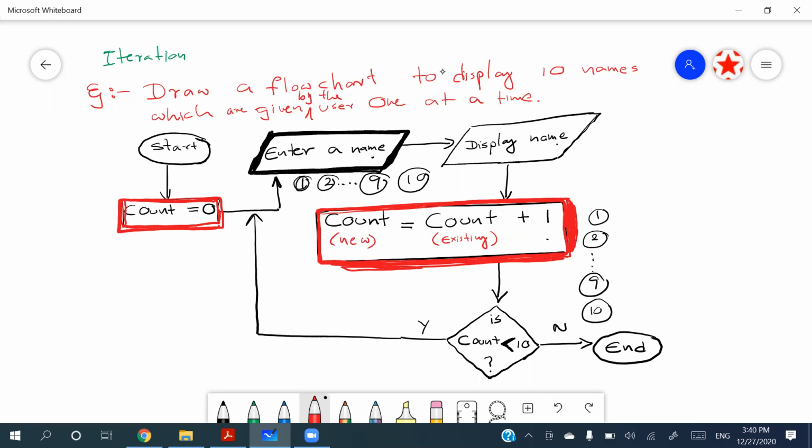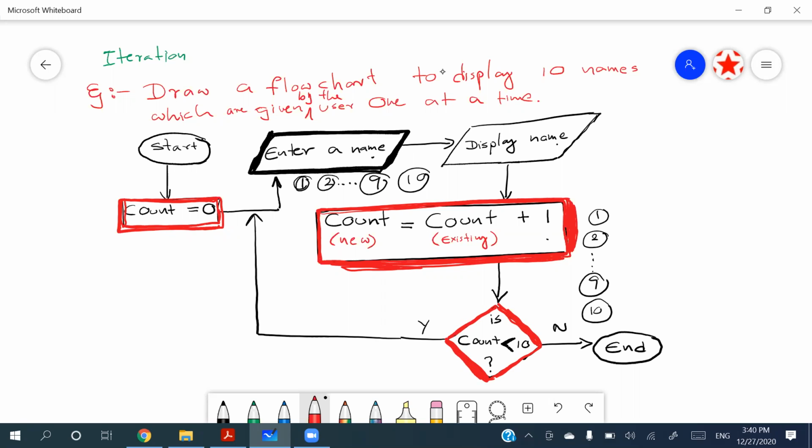That is why we use the count variable inside the decision box, to ask the question whether the count is less than 10.